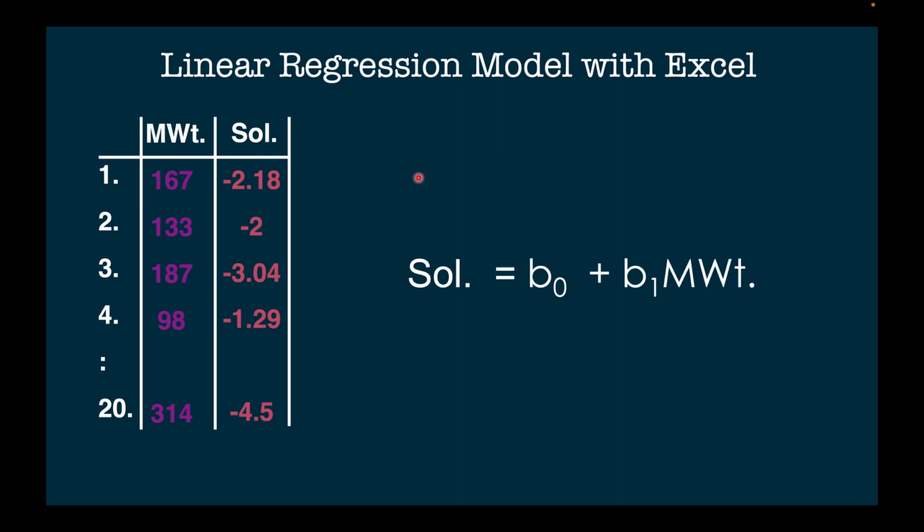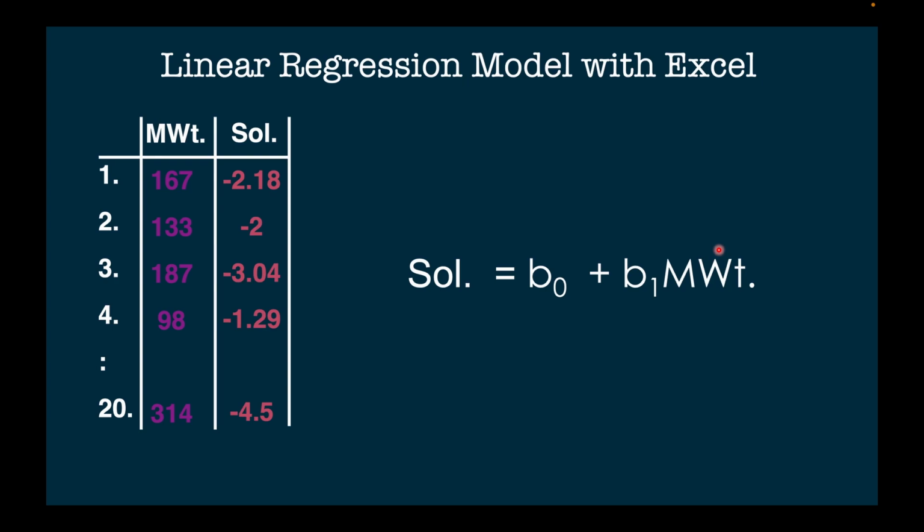In other words, we want to build a regression model where solubility of organic compounds is a function of their molecular weight. We are also going to see how good the fit is with the help of R-square. P-value will tell us whether the molecular weight is a relevant descriptor or not for the solubility model.